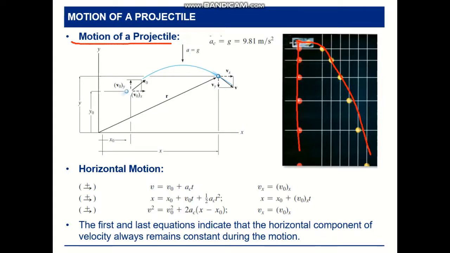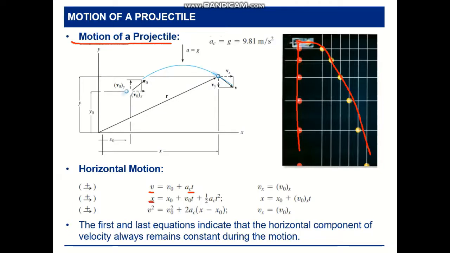If we analyze the motion, we know that the initial velocity is v0, and the acceleration multiplied by time is going to give us the final velocity. We know that from our previous class.